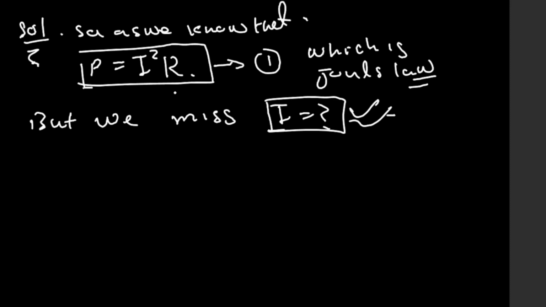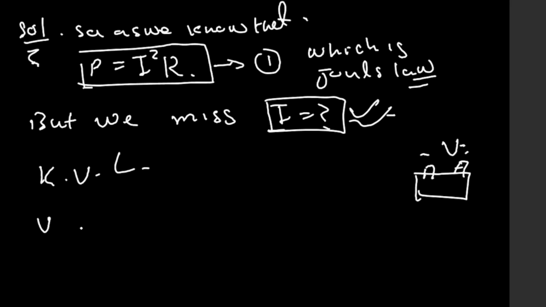So we will find I from KVL, Kirchhoff's voltage law, which says that the terminal voltage of a battery, V, equals the EMF minus the current flowing in the circuit multiplied by the internal resistance r.